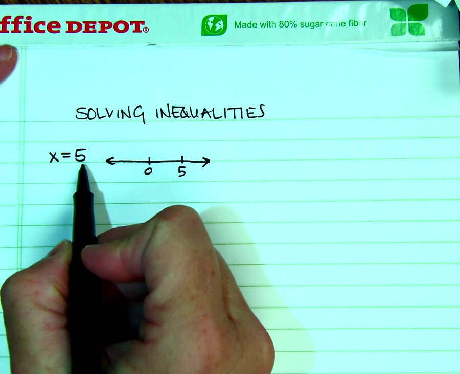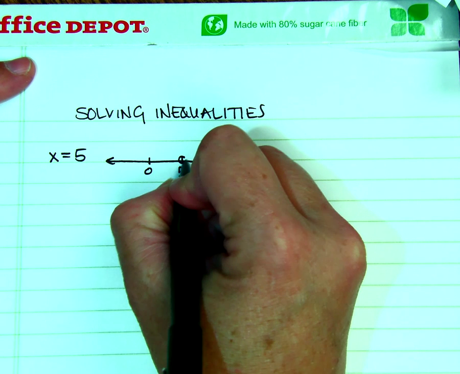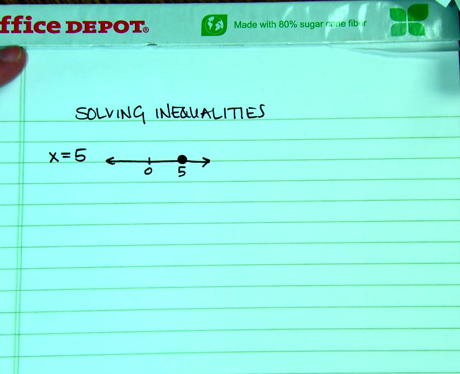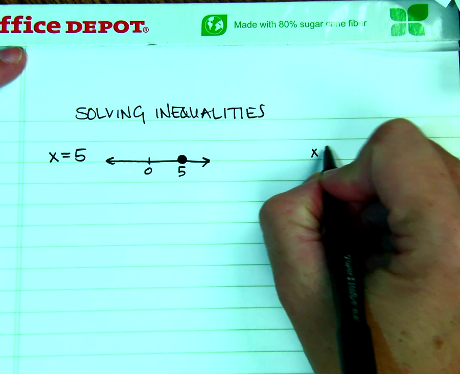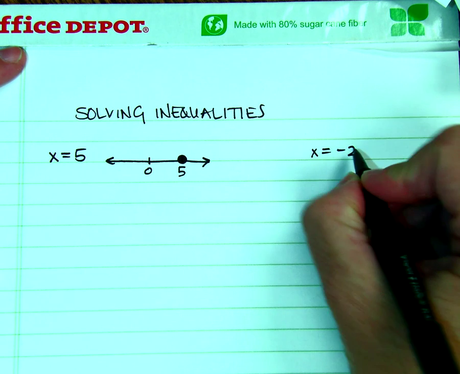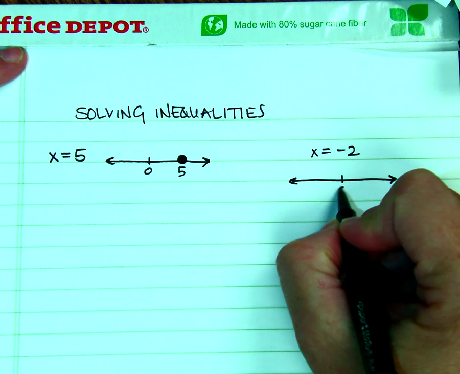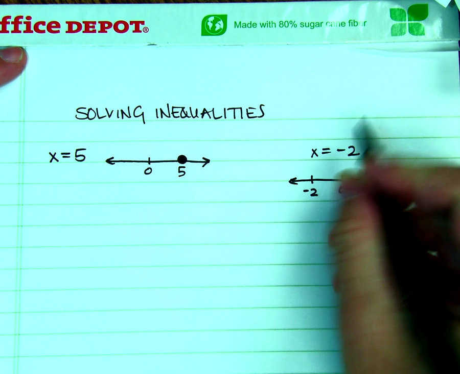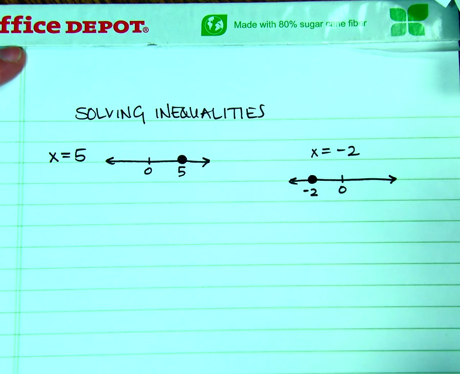If x equals 5, x can't be anything other than 5, so you put a solid circle on the 5. If you solved it and got x equals -2 and I asked you to graph it, you put your 0, put your -2, x has to be -2, so again it's going to be a closed circle.